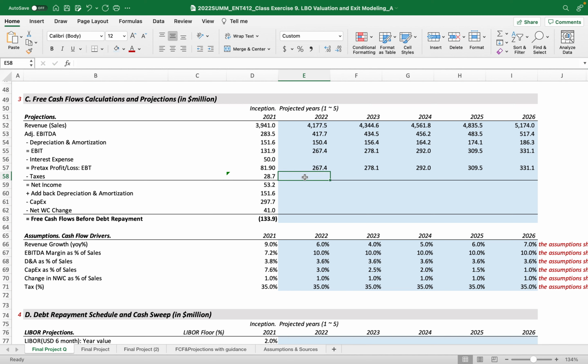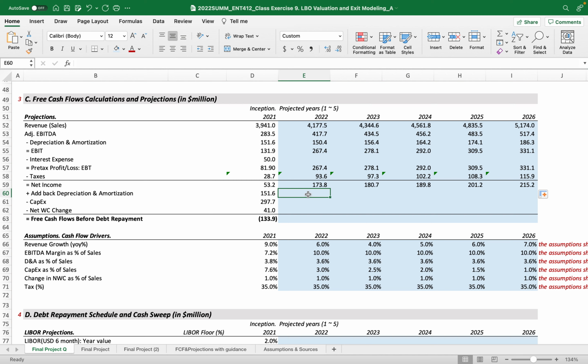And the tax amount is 30%, this pre-tax income times the tax rate. Then let's drag to the right, and finally net income minus tax, then we have net income.